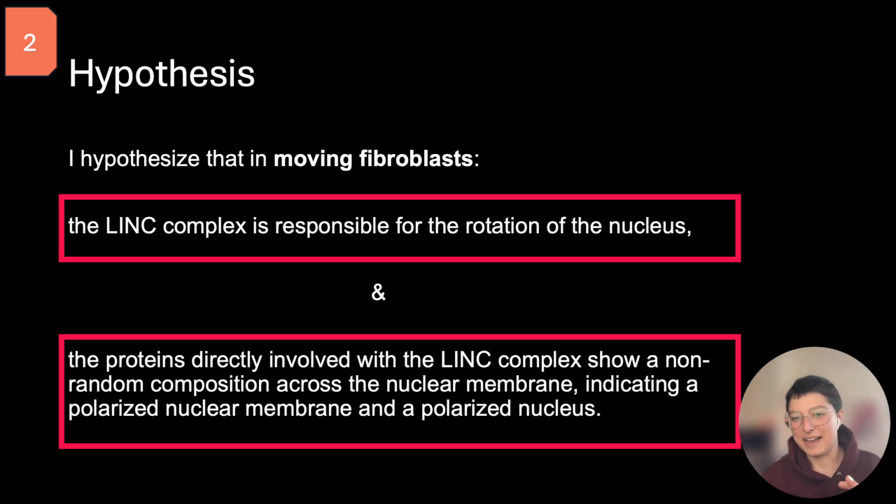Reorientation implies that there is something to orient. So my second hypothesis is to be able to mark what the apical and basal ends of a nucleus are. It's not really known if the nucleus itself is polar, like the rest of the cell around it. We need to study that. So this is what I'm proposing.